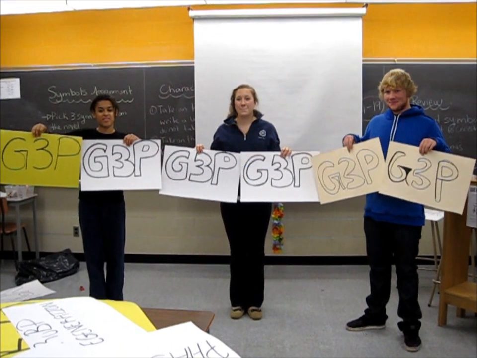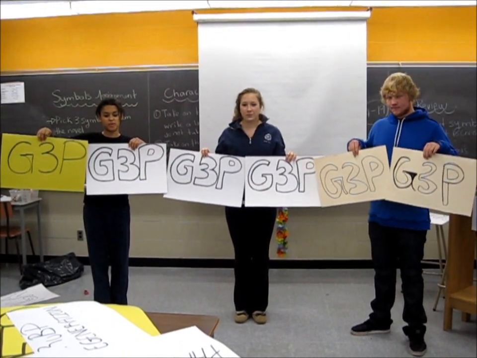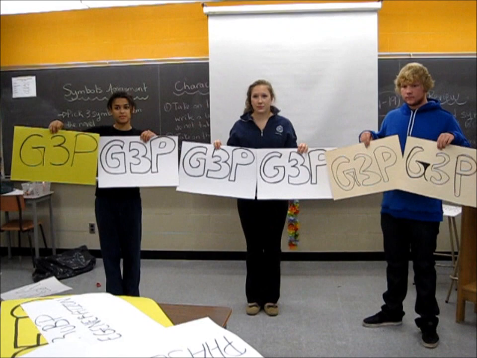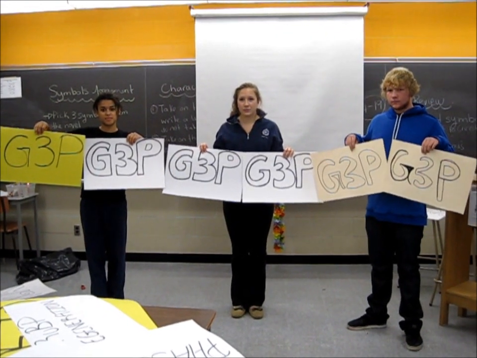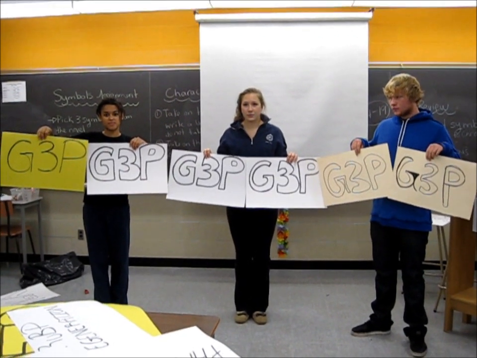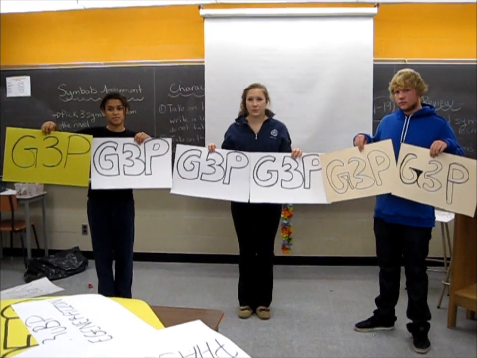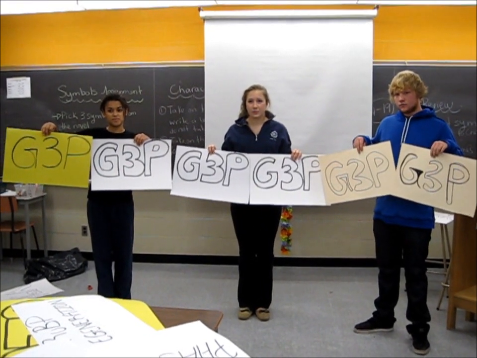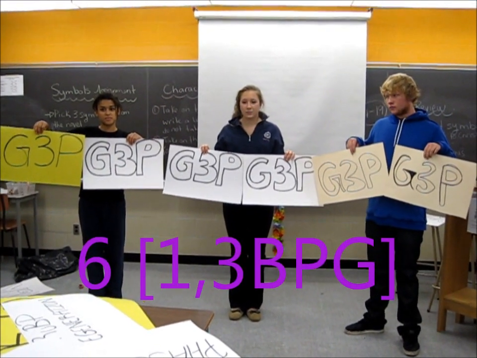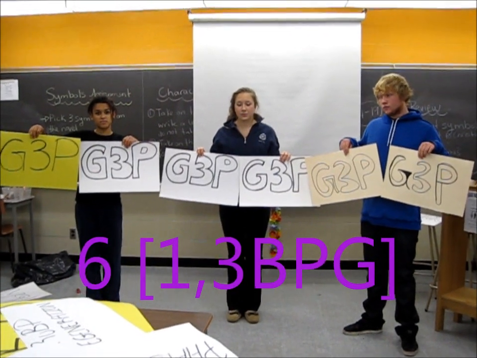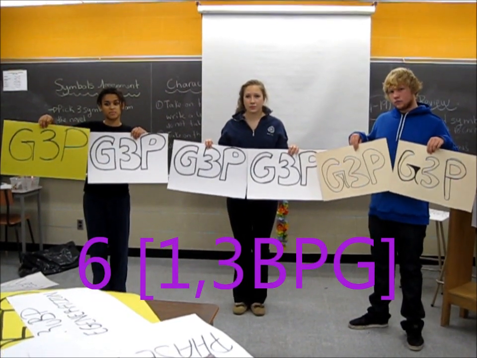Recap! Phase 2 of the Calvin cycle consists of 2 reduction reactions. As we've just seen, the first occurs when the 6 molecules of PGA are phosphorylated, which means that a phosphate is added by ATP. The result is 6 molecules of 1,3-BPG. The 1 and the 3 signify to which carbons the phosphates attach.